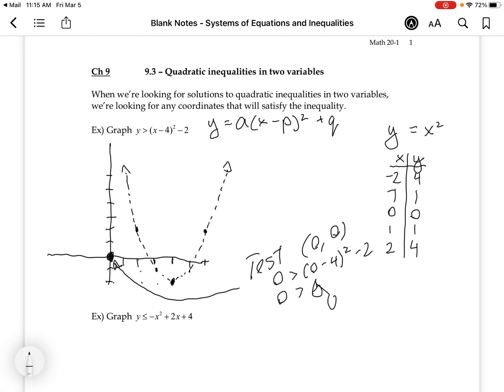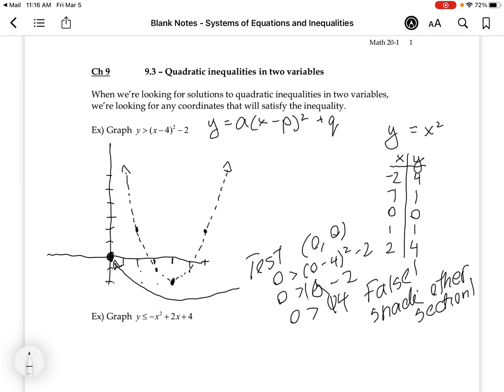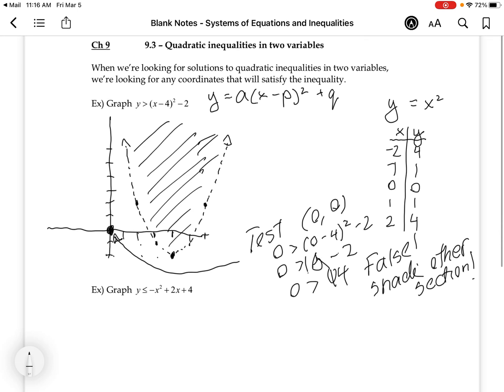Whoops, 16 minus 2, sorry. And that's false. That's 0 greater than 14. Okay, this is false. So we need to shade the other section. Okay, so I'm just going to shade here. And then I'm done. That's all I need to do.